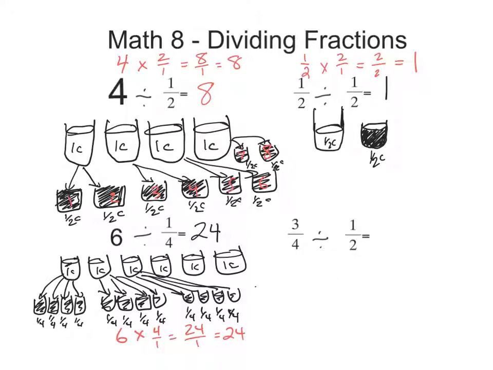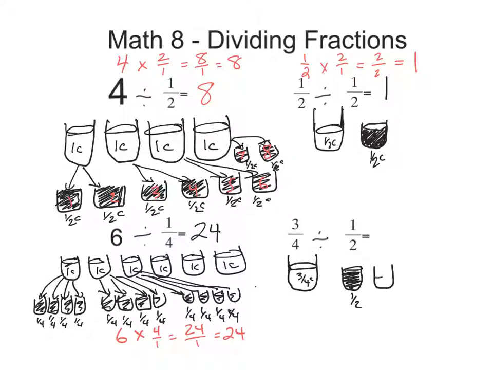Okay, let's take a look at 3/4 divided by 1/2. This glass holds 1 cup, but we're only going to take 3/4 of it. Okay, so we have 3/4 of a cup. Now we have glasses that are 1/2. It would fill one completely, right?